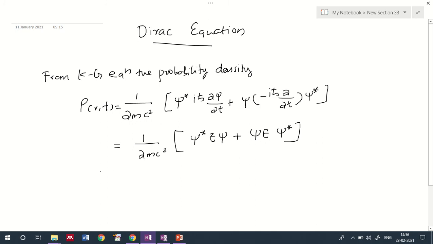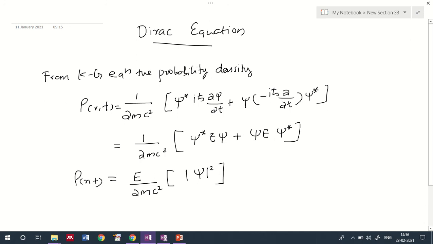That is equal to E by 2mc square, which can be written in terms of psi mod square. So this is the probability density.